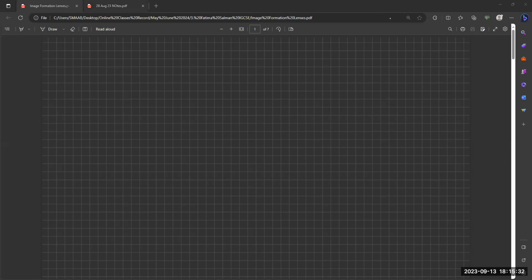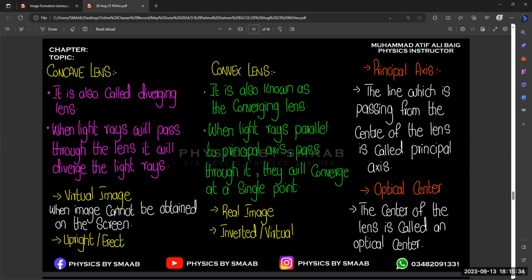Okay, last time in the chapter of light, we discussed the concept of the concave lens and the convex lens, and we also discussed the difference between the concave and convex lens, right?